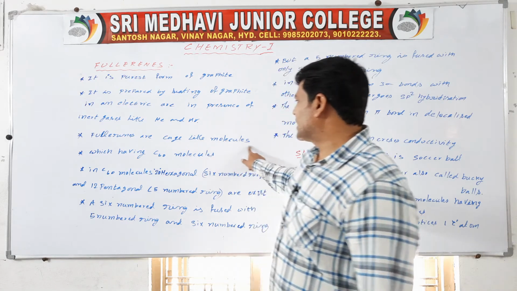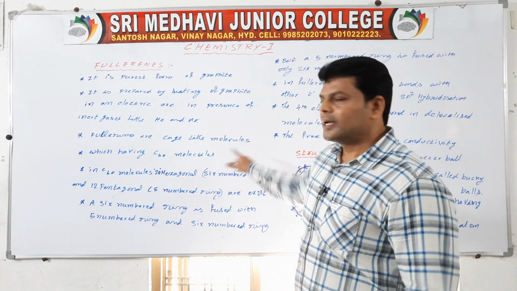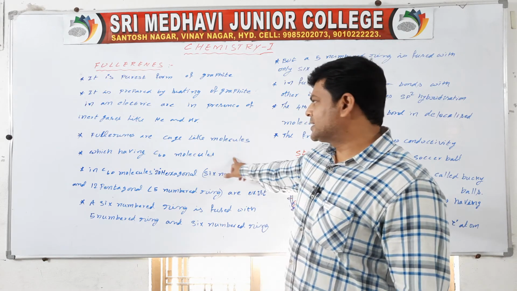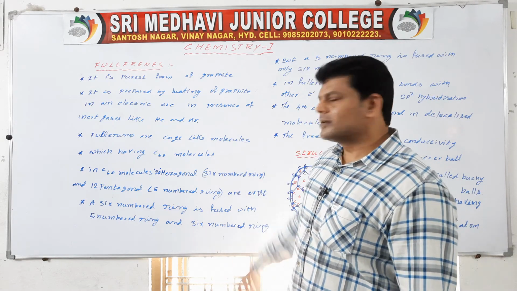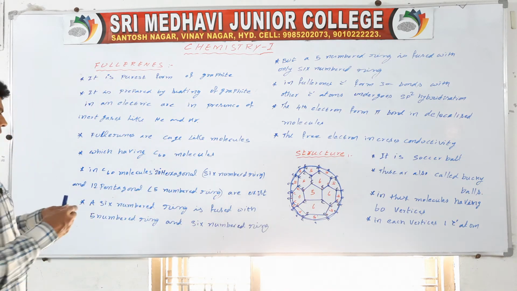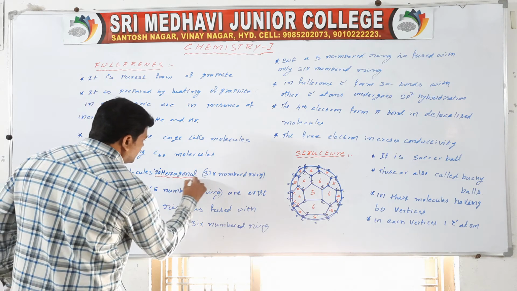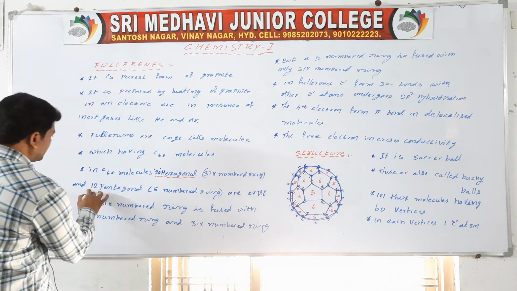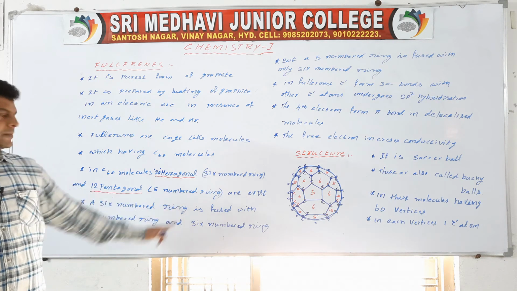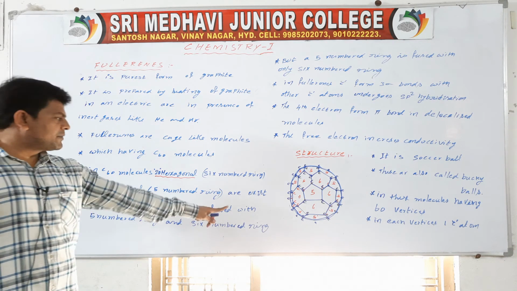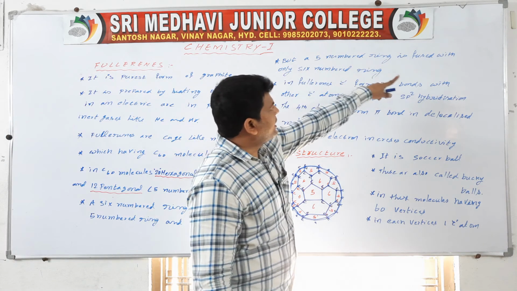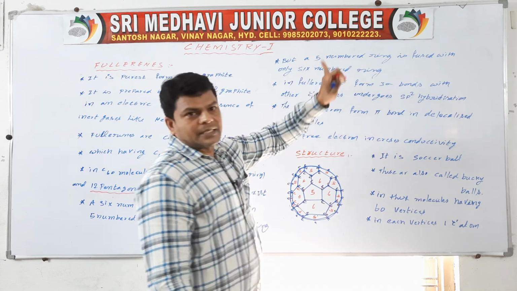Then fullerenes are cage-like molecules, which have C60 molecules having 20 hexagonal rings and 12 pentagonal rings. Pentagonal means 5-numbered rings. Okay, a 6-numbered ring is fused with a 5-numbered ring and a 6-numbered ring, but a 5-numbered ring is fused with only 6-numbered rings.